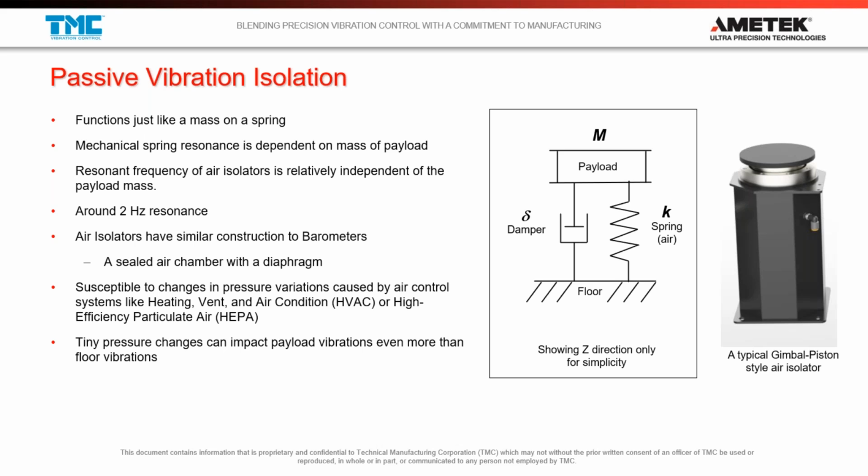And that's actually an important part about most isolators, especially if they're mechanical. Like a rubber isolator, something that's made out of a spring material, its resonant frequency is going to be very highly dependent on the mass that you place on it. But an air isolator, not so much, because you have the ability to vary that air pressure.